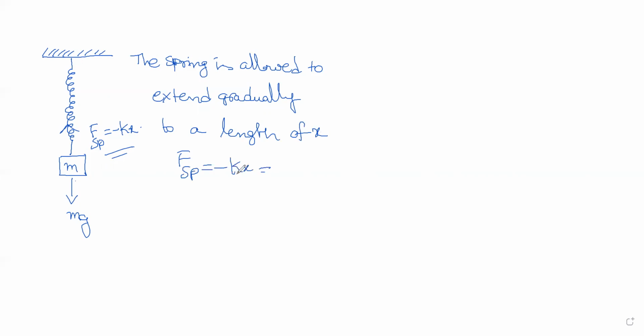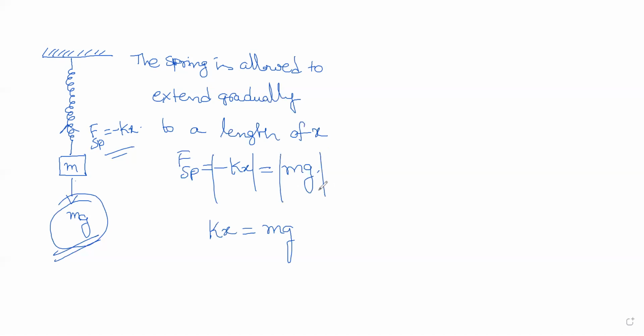That is in balance with the gravitational force mg. So this is how you write. Now taking the modulus on either side, you have kx is equal to mg. Why modulus? Because we want to see the magnitude of the extension. The magnitude of extension you can derive as mg by k.